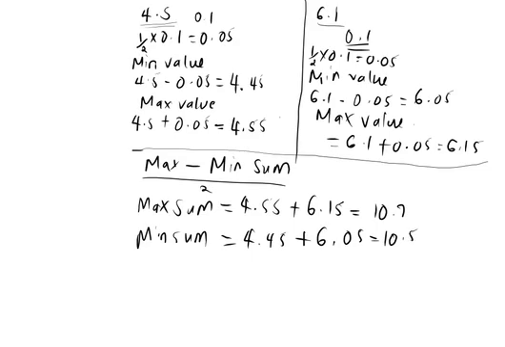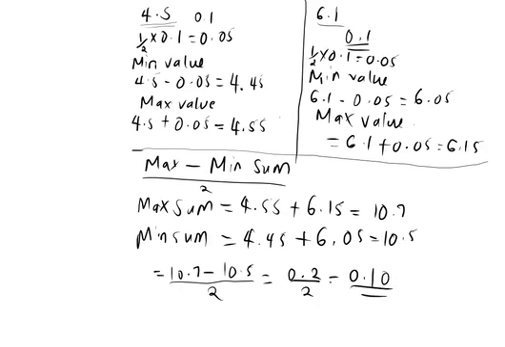So to get the absolute error, we'll take the maximum sum, which is 10.7, less the minimum sum, which is 10.5, and we divide the answer by 2. So this will be equal to 0.2 divided by 2, which is 0.10.